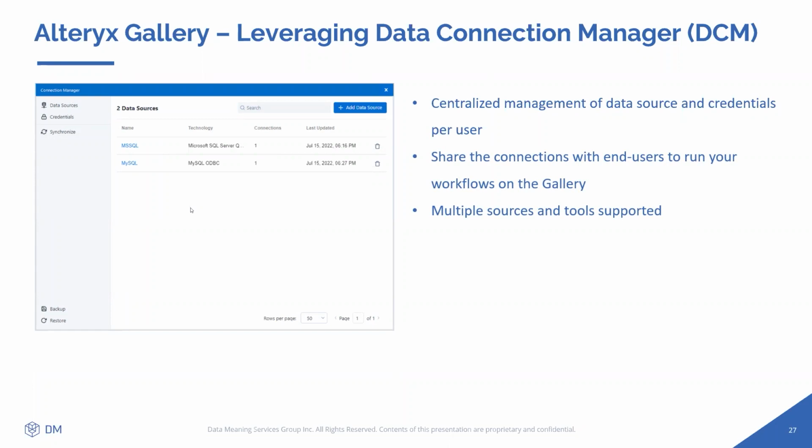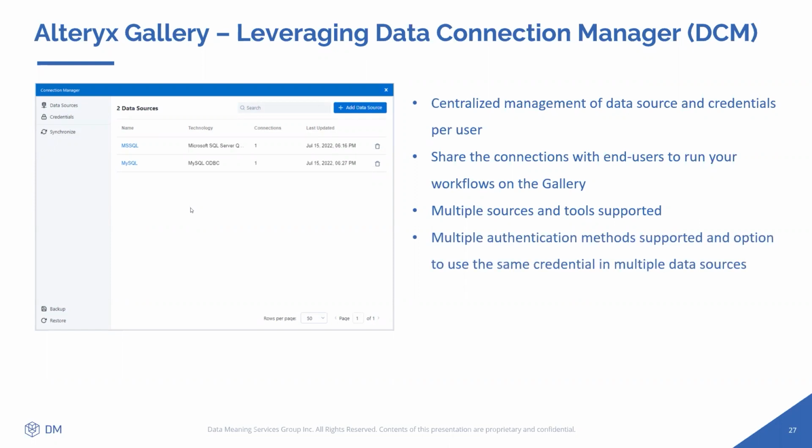So you'll be able to connect to data sources, connect to URLs, connect to cloud-based connectors. So you name it, a lot of options come with the data connection manager, as well as authentication methods supported. So it could be user and password, it could be tokens, it could be related to OAuth authentication. So many different options here for data sources as well as authentication.